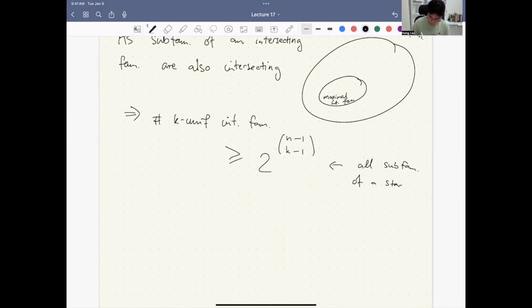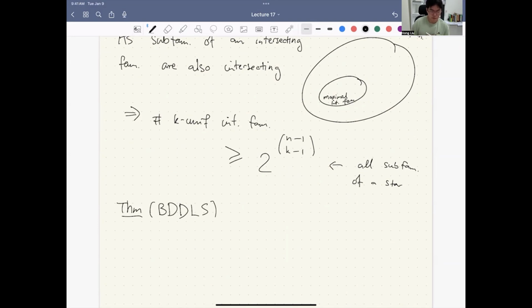This is a theorem by Balogh, Das, Delcourt, myself, and Sharifzadeh.